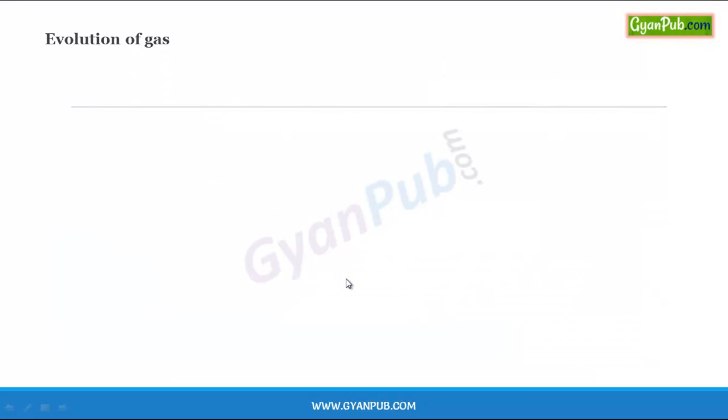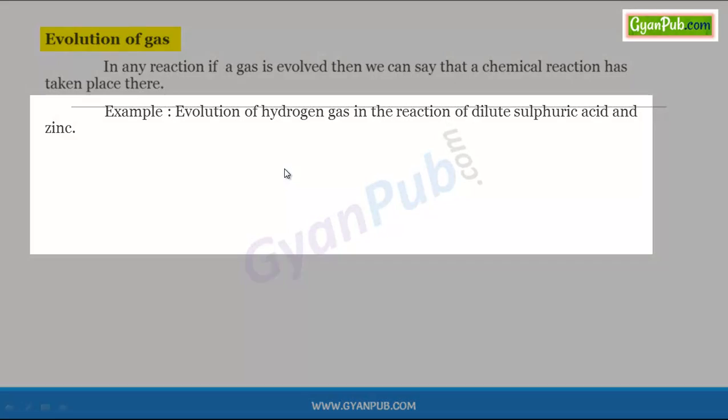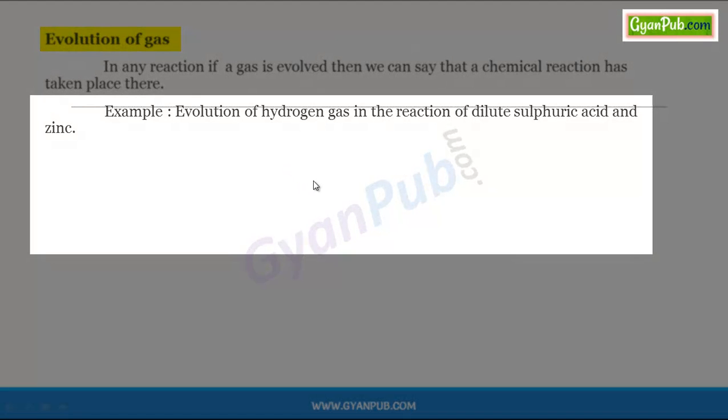And evolution of gas. If in a chemical reaction we observe gases evolved, then we can say that a chemical reaction has taken place. We observe the evolution of hydrogen gas in the reaction of dilute sulfuric acid and zinc.